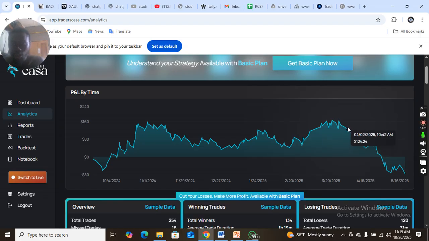And then price went down, right, to May, which, if you can see right here, is on the 16th of May 2025.